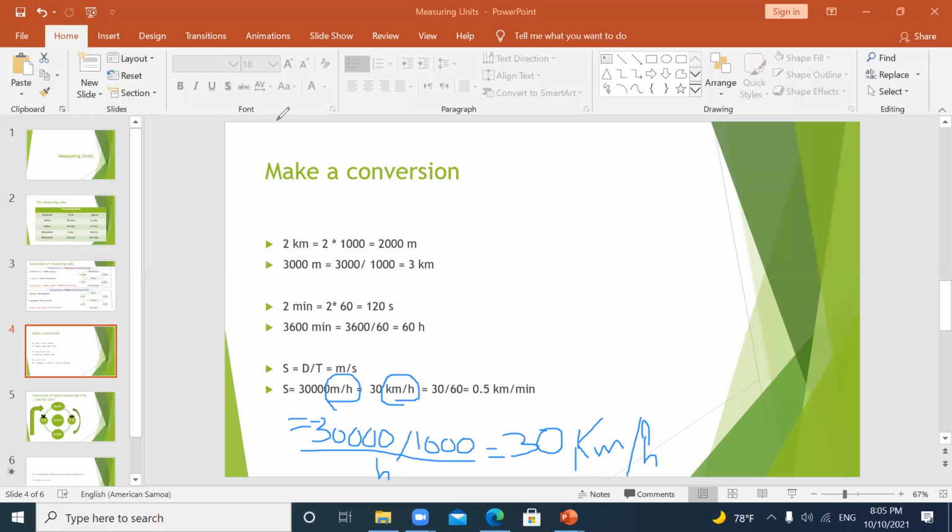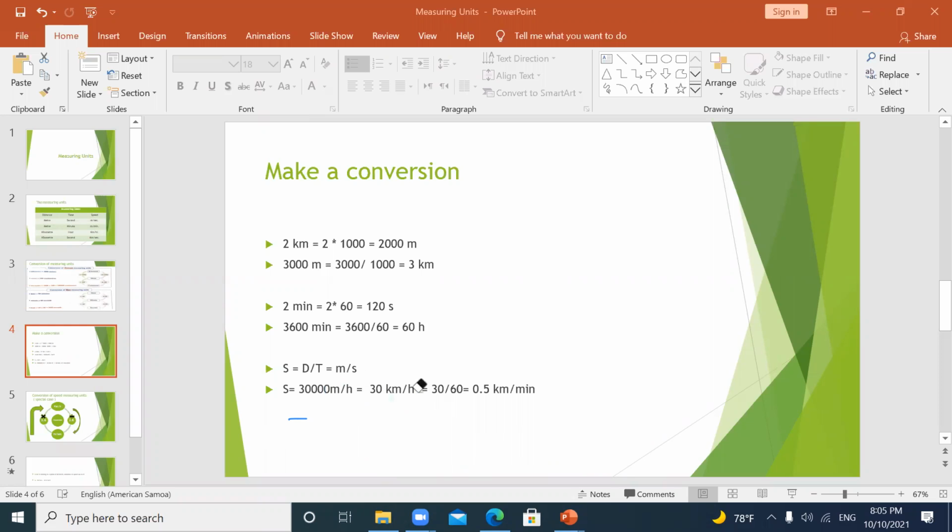So if he asked me that I need the speed to be calculated from kilometer per hour to kilometer per minute.